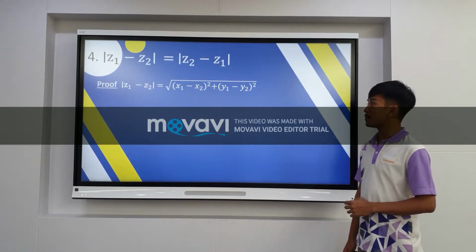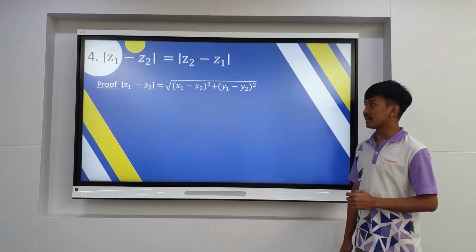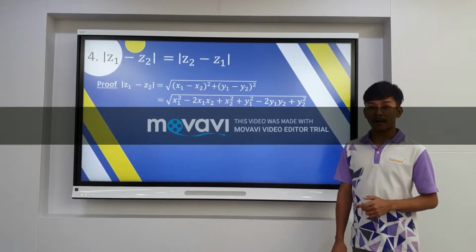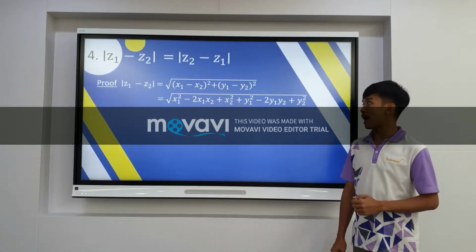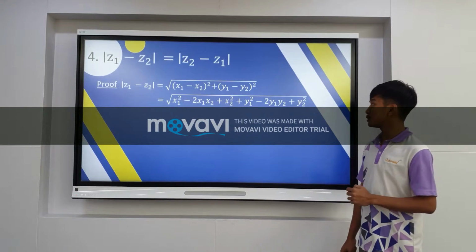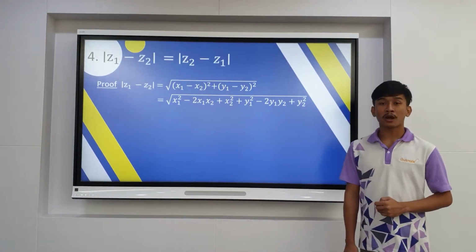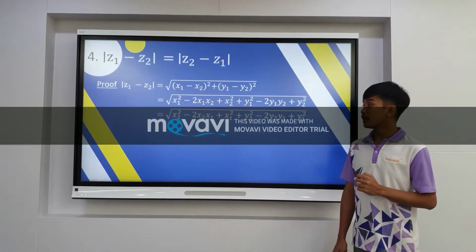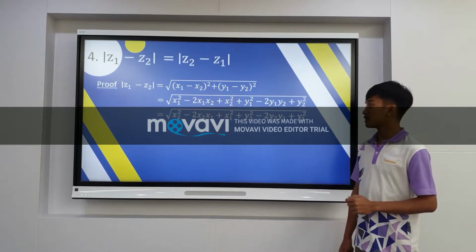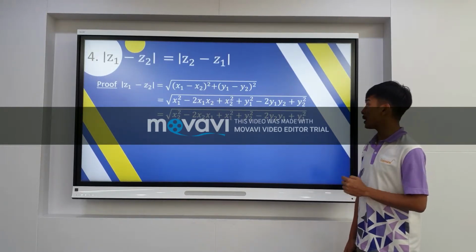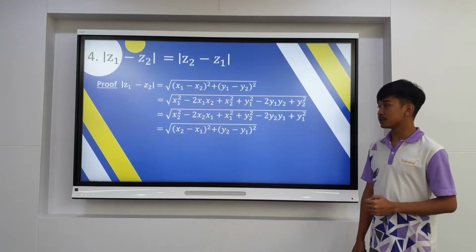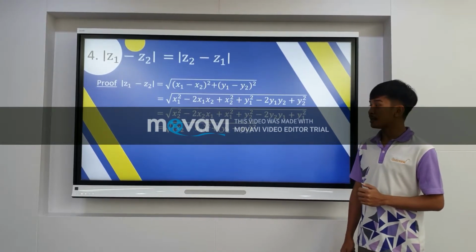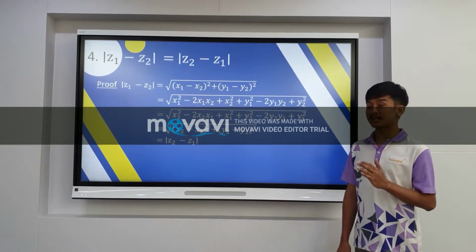Now we know that absolute z1 minus z2 equals the square root of (x1 minus x2) squared plus (y1 minus y2) squared, which equals the square root of x1 squared minus 2x1x2 plus x2 squared plus y1 squared minus 2y1y2 plus y2 squared. Using the commutative property of multiplication and addition, we get the square root of x2 squared minus 2x2x1 plus x1 squared plus y2 squared minus 2y2y1 plus y1 squared, which equals the square root of (x2 minus x1) squared plus (y2 minus y1) squared, and that equals absolute z2 minus z1.